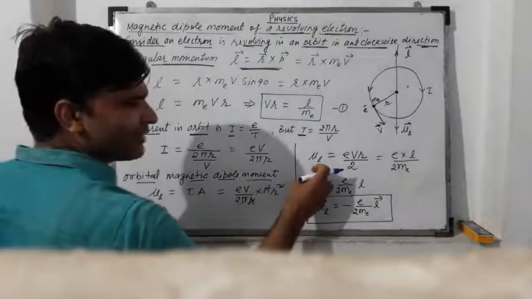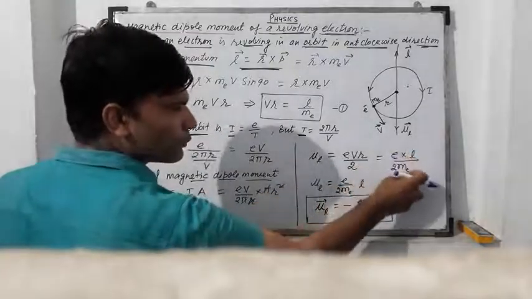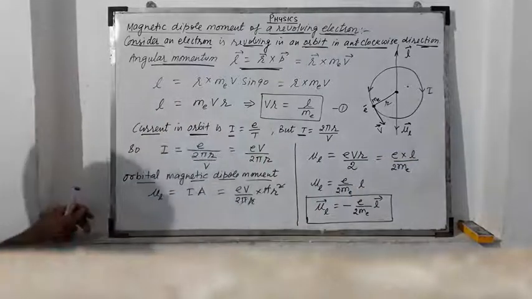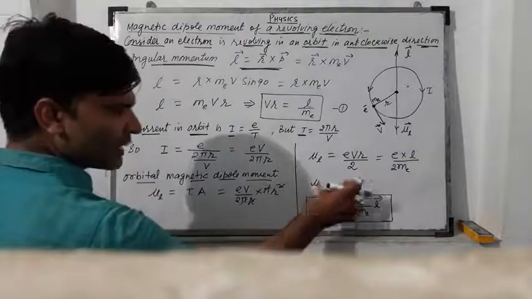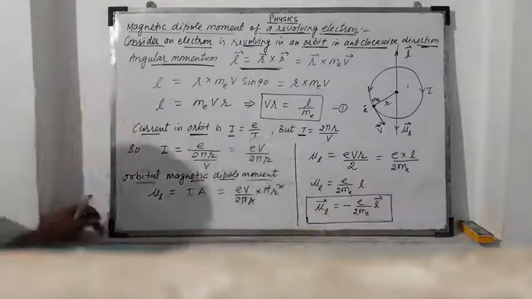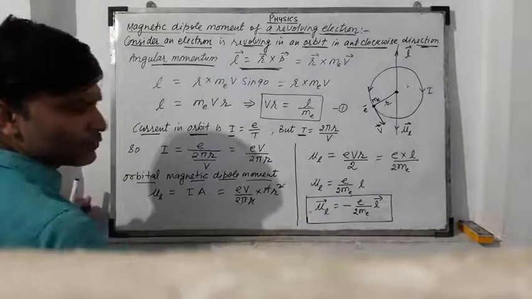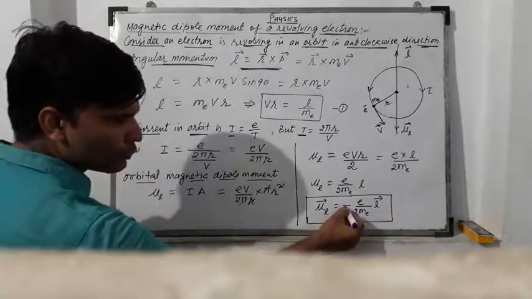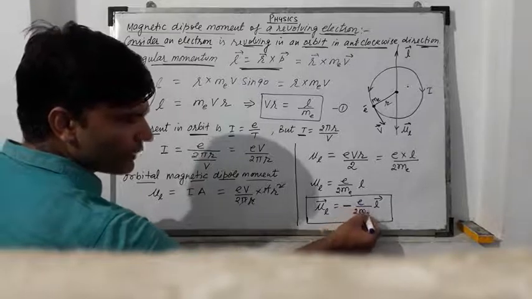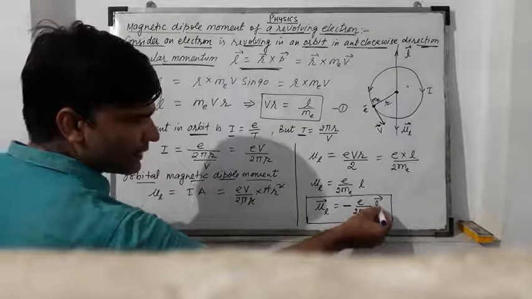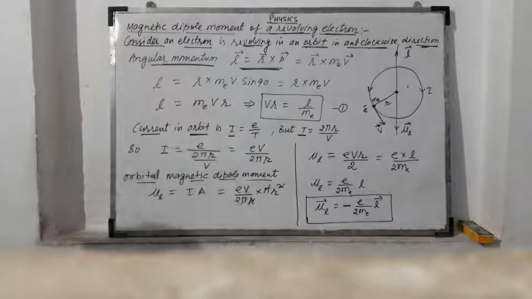So mu_L is equal to e upon 2m_e into L. In vector notation, mu_L is equal to negative of e upon 2m_e times the L vector.